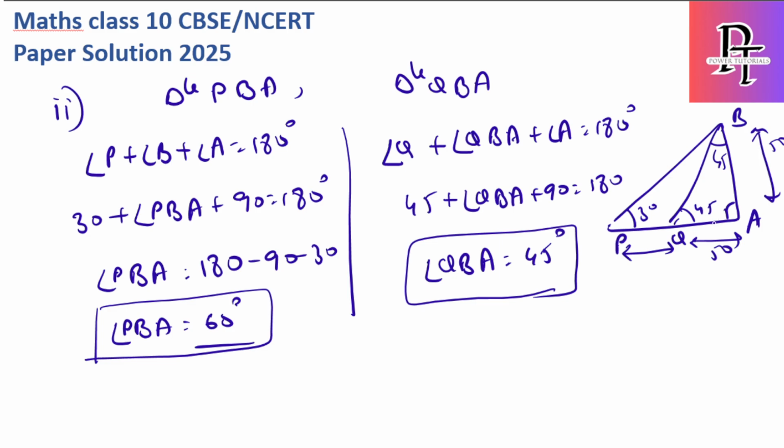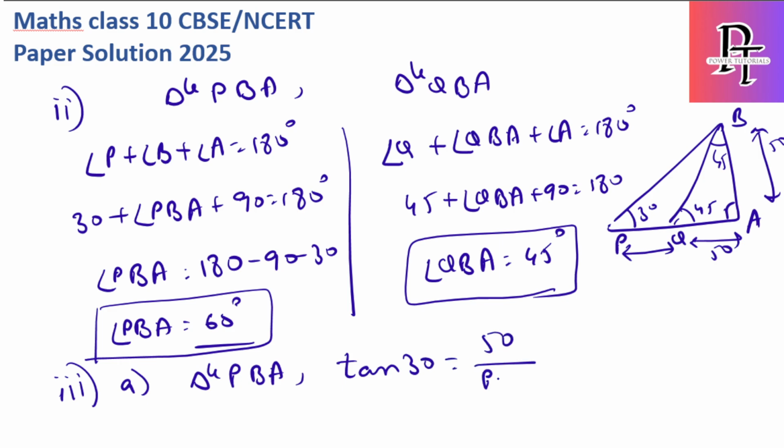So consider the big triangle, PBA triangle. If I consider triangle PBA, then tan 30 is equal to 50 by PQ plus 50.